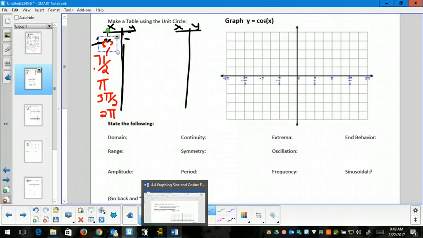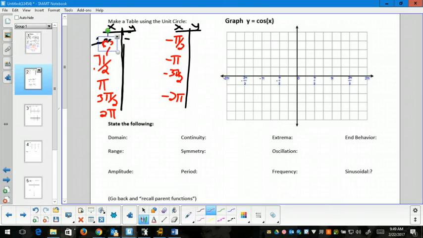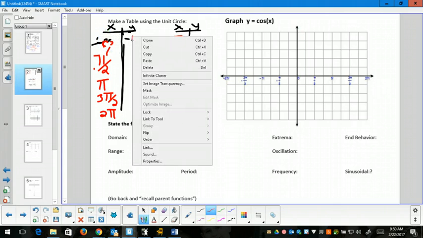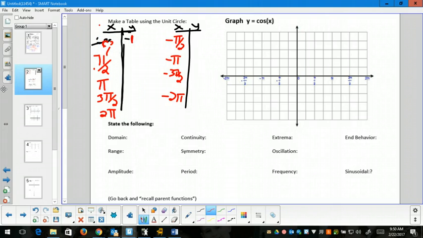Then I have to go in a negative direction: negative pi over 2, negative pi, negative 3 pi over 2, negative 2 pi. Start at the negatives and work your way to the positives if you want. For cosine, this is 1, and then it goes to 0, then to negative 1, to 0, to positive 1.